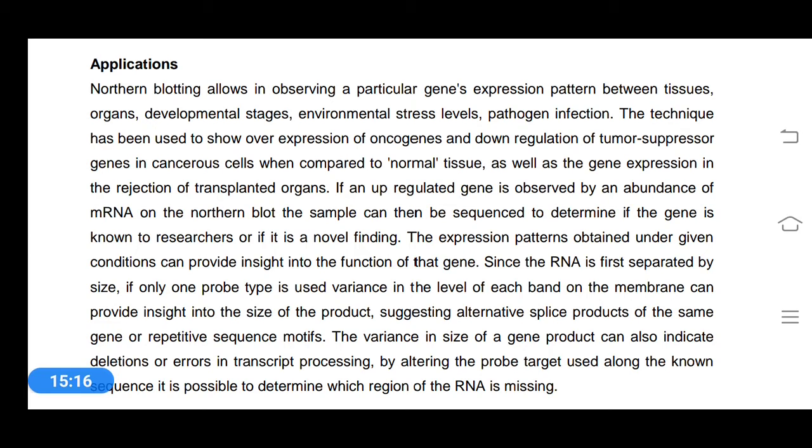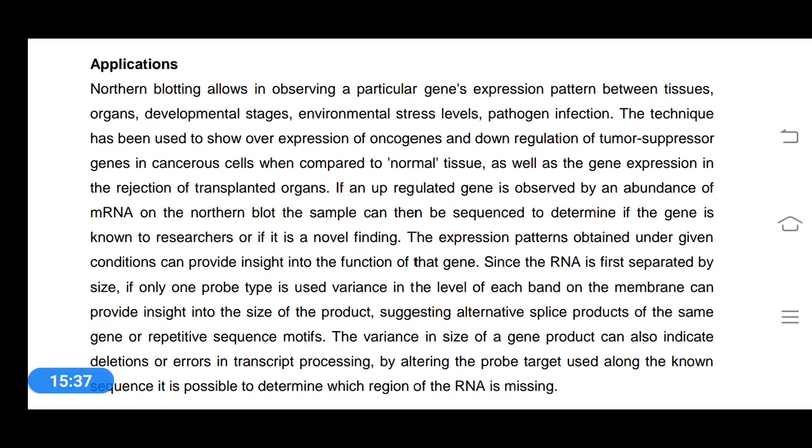This technique has been used to show overexpression of oncogenes and down regulation of tumor suppressor genes in cancerous cells when compared to normal tissues, as well as the gene expression in the rejection of transplanted organs.